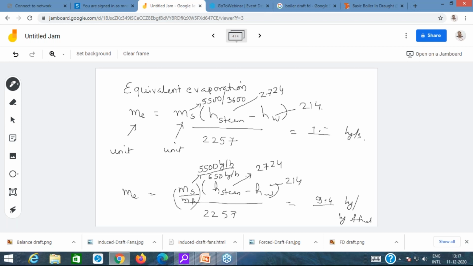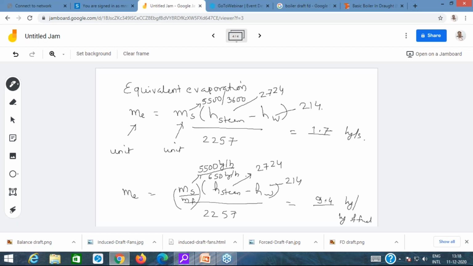See, these expressions are pretty simple. If you know how to refer to the steam tables and get the enthalpy values, then it's simply a matter of substituting these values in the expression of equivalent evaporation and getting the answer. Okay, so it is not very demanding. What should be clear to you is how you get the values from the steam table. That's it. Okay.